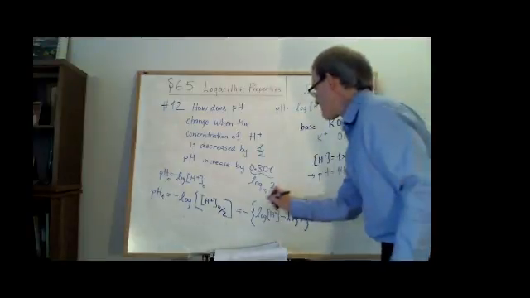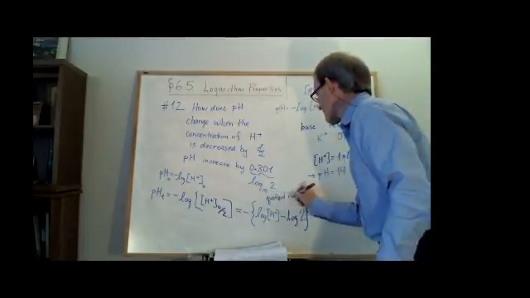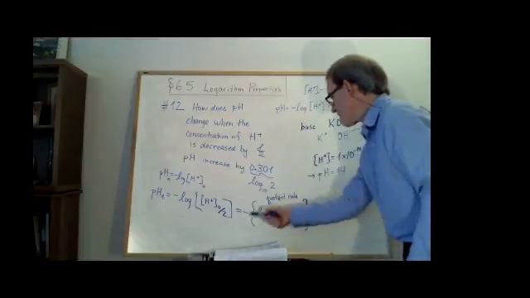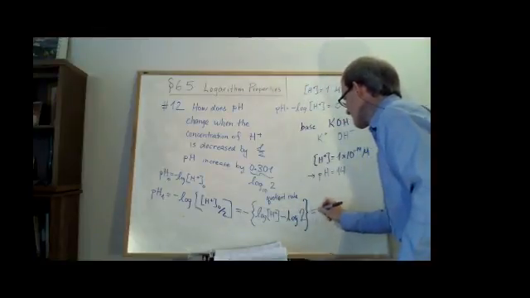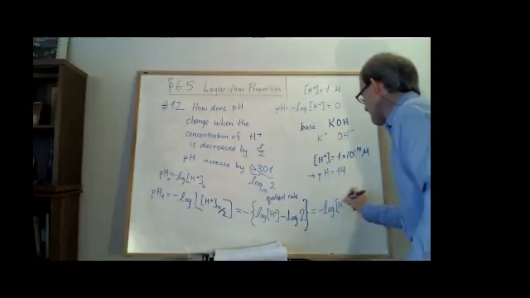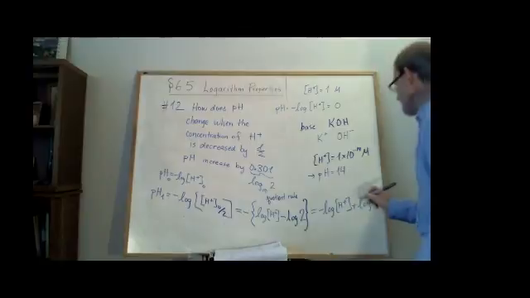So that's the quotient rule for logarithms. And now I just expand this using the distributive law. So I get minus the log base 10 of H plus, plus the log base 10 of 2.